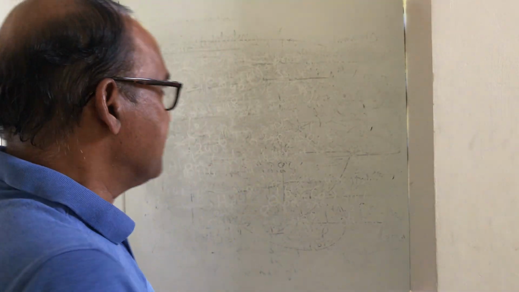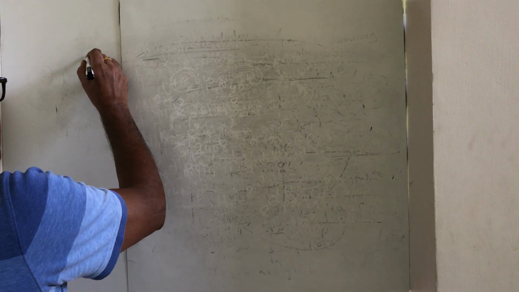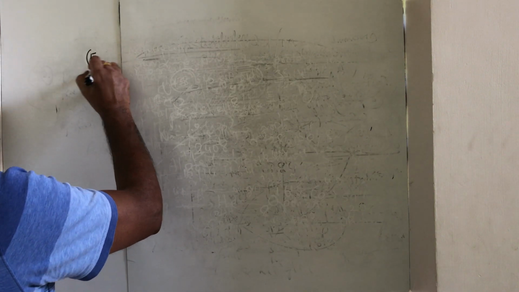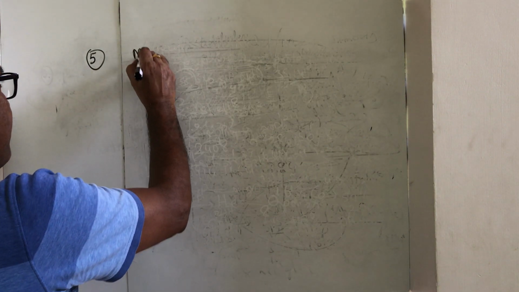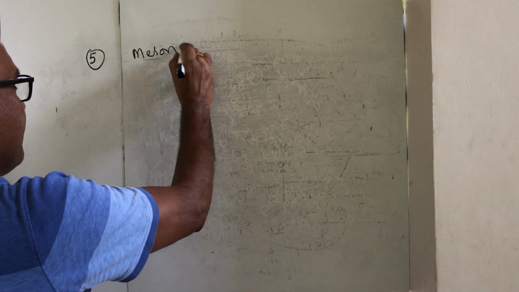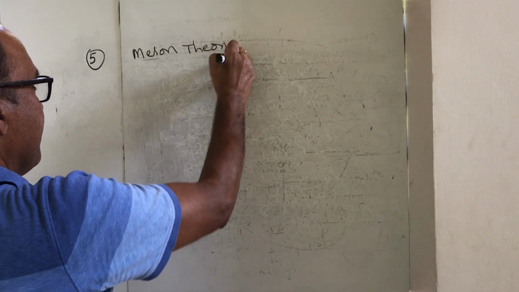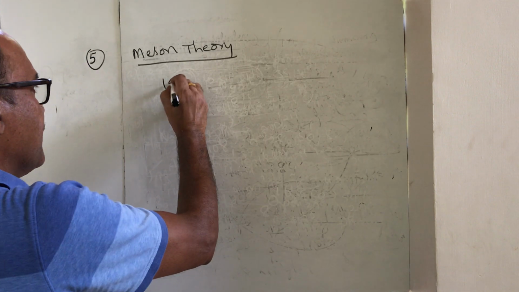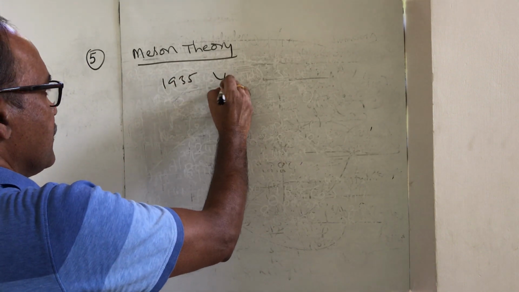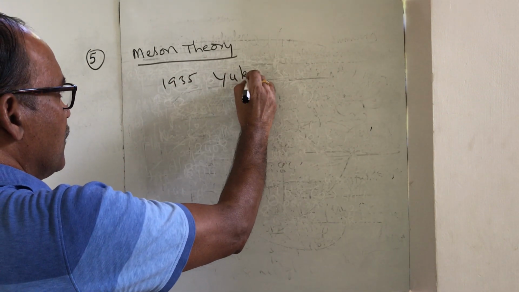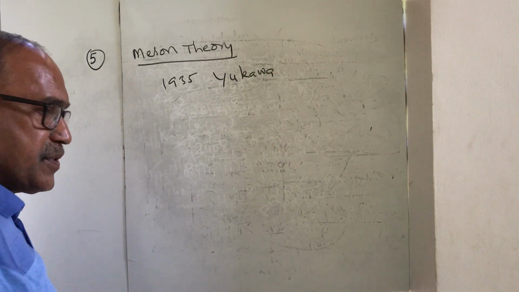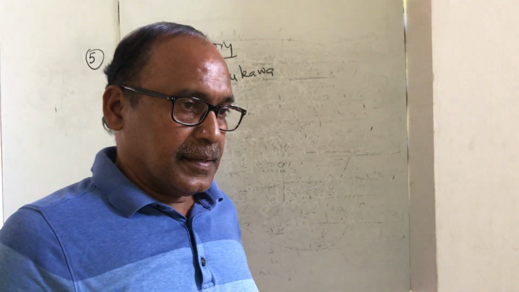The last aspect of discussion regarding the relative stability is the meson theory. In 1935, the Japanese scientist Yukawa proposed this meson theory.